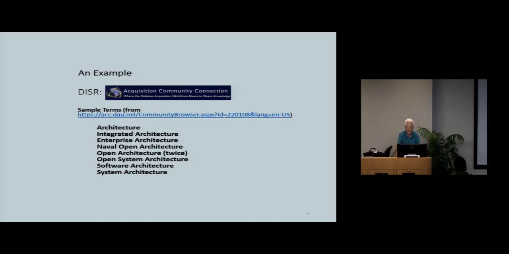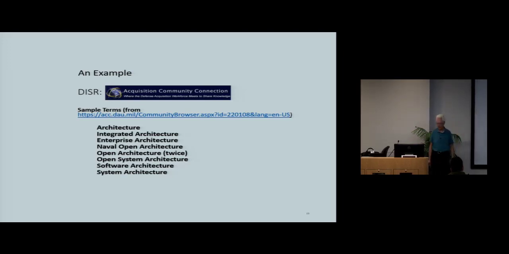And part of the stuff that they buy are database architectures of various kinds. And so they have a small sub-ontology within this acquisition community connection, which is an ontology of data systems and data architectures. And these are some examples of terms which are in this ontology. One term is in there twice, which is already suspicious.